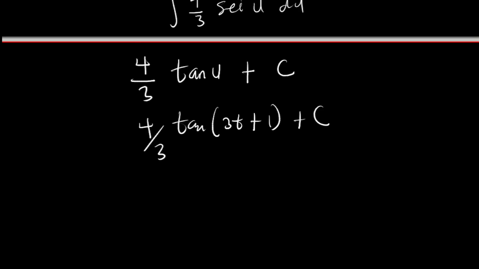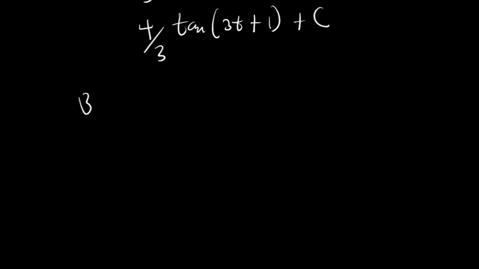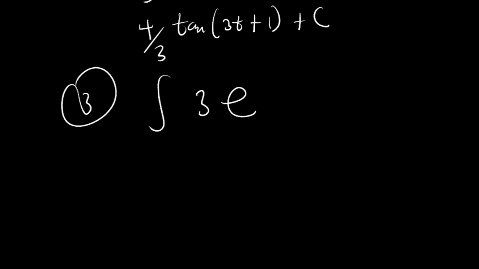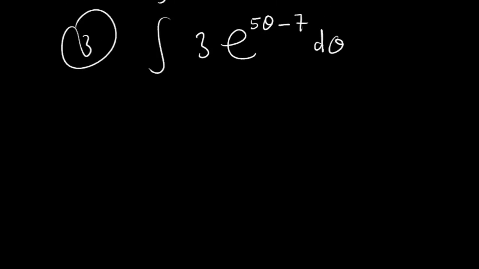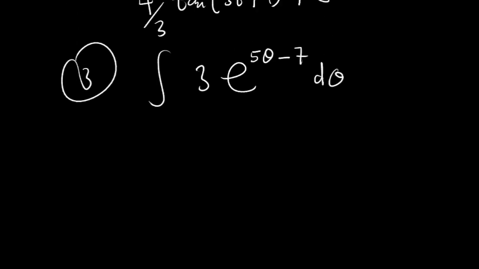So let's do something interesting. Number 3. If you are asked to integrate 3 e to the power of 5 theta minus 7 d theta, what you are having here, represent it with something.